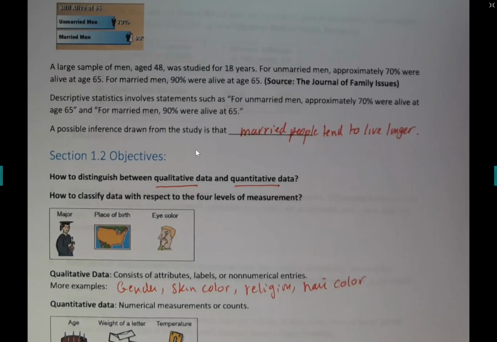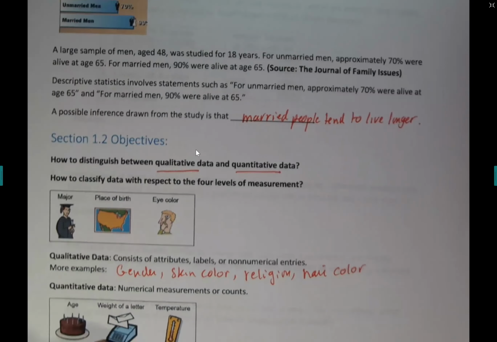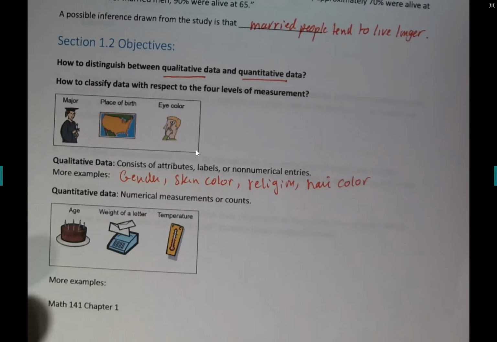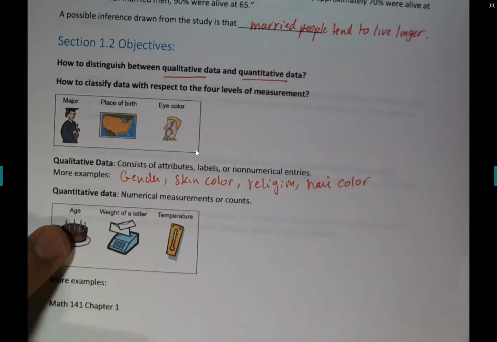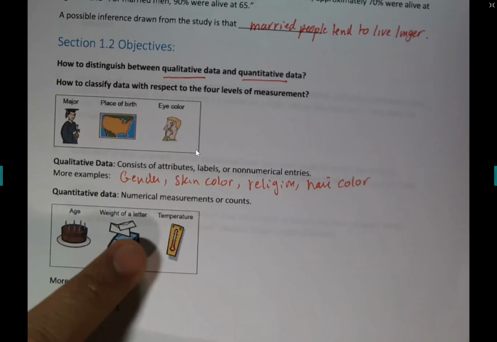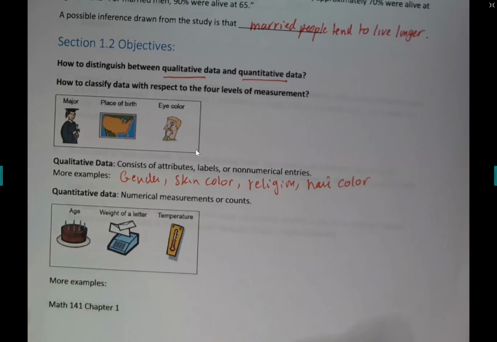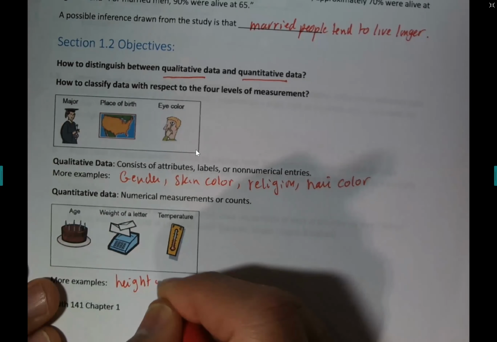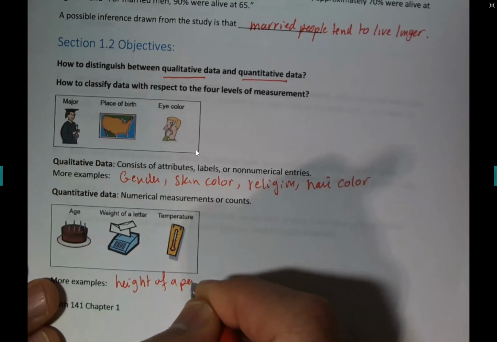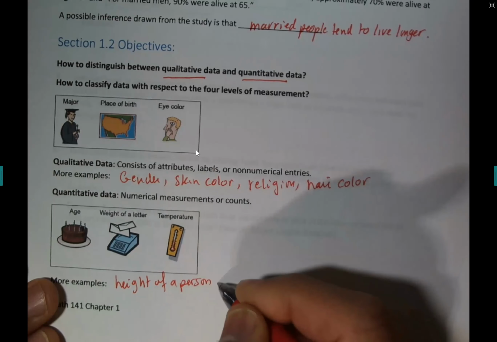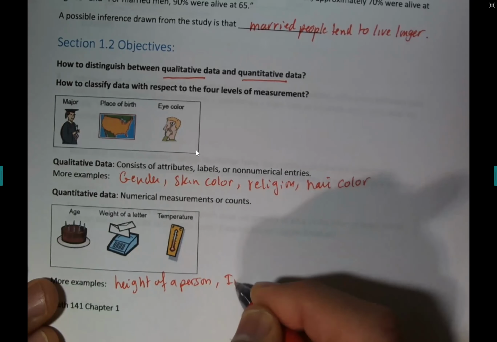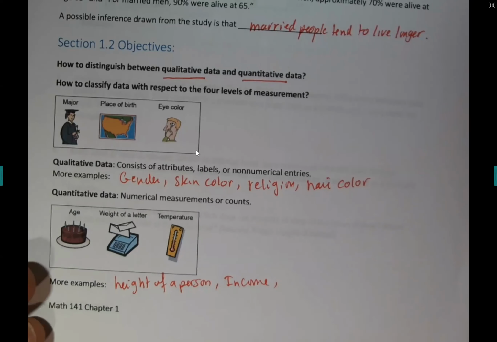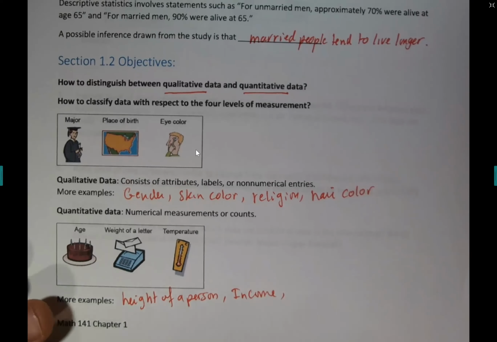Quantitative data is numerical measurements or counts. And what you guys said earlier will fit there. So age is an example, weight of a letter is an example, temperature is an example. We said height of a person is another example. Income, number of students present in my class.